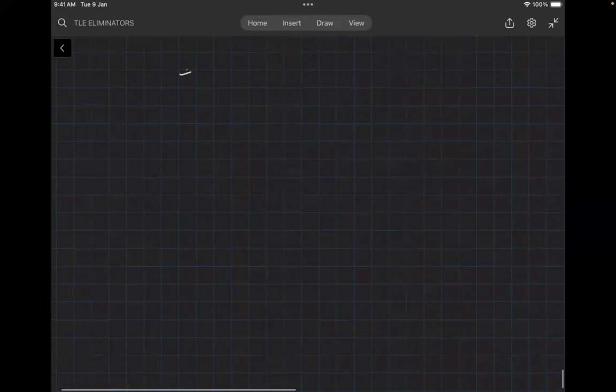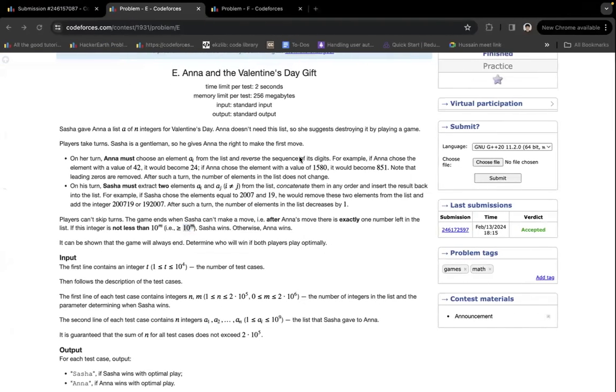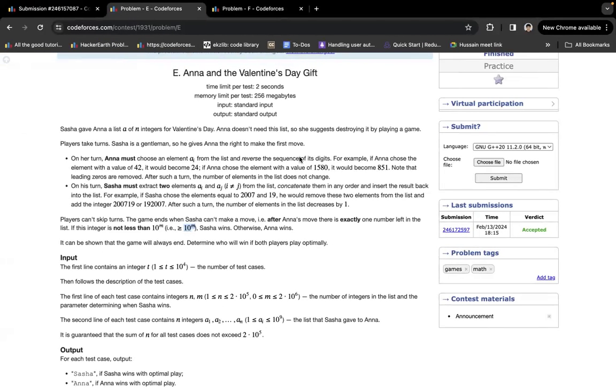So Anna reverses and Sasha concatenates. Is this much clear, guys? Is the problem clear till now? This is a very, very simple problem, okay? You guys must be thinking.